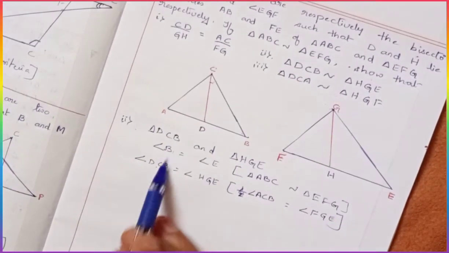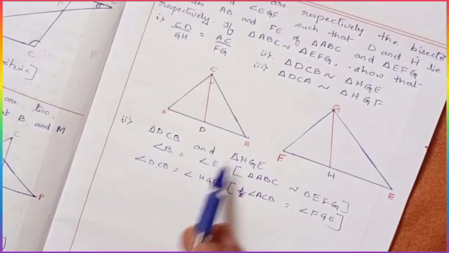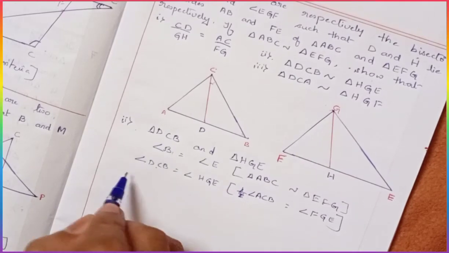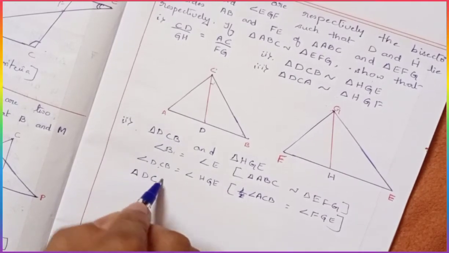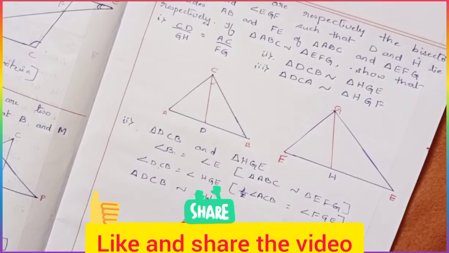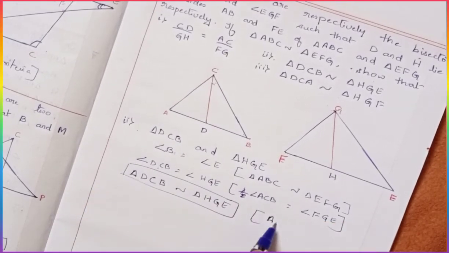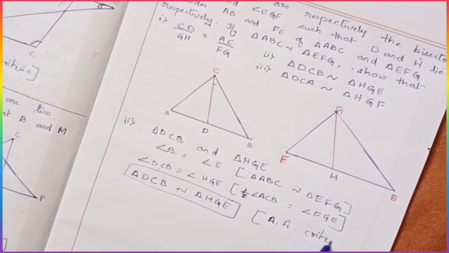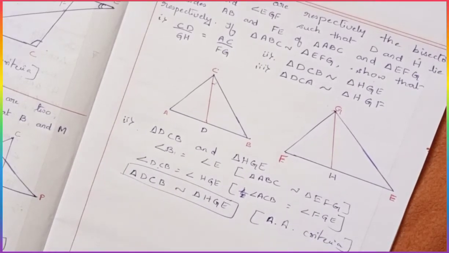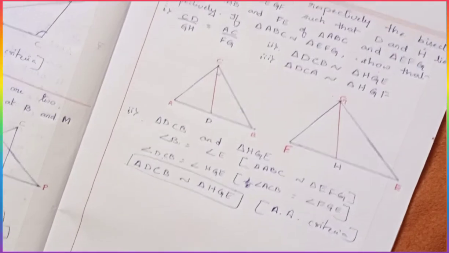So two elements of the one triangle are equal to the two elements of the corresponding triangle. Therefore these two triangles are similar. So we can write triangle DCB similar to triangle HGE by AA criteria. Only two elements we need to prove. Two triangles are similar, so we have proved that one.